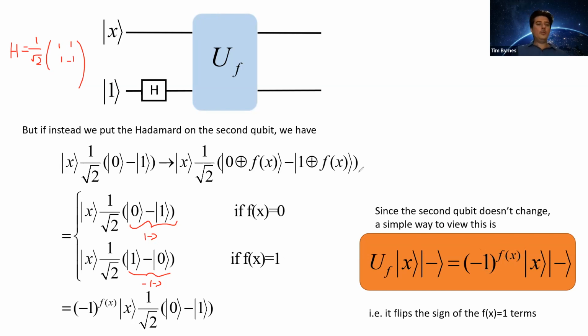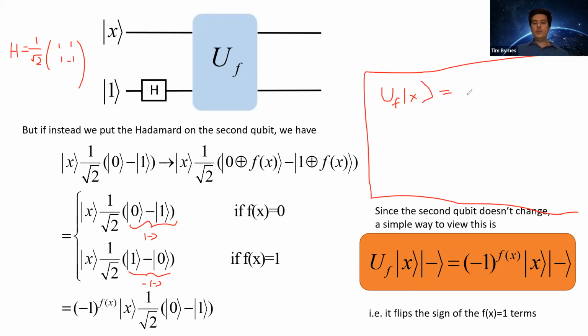Maybe another way to view this is, I did a very long-winded explanation, but these days another way that people might explain this whole oracle is to just define an oracle with these properties. So say U of f is equal to minus 1 to the power of f of x.